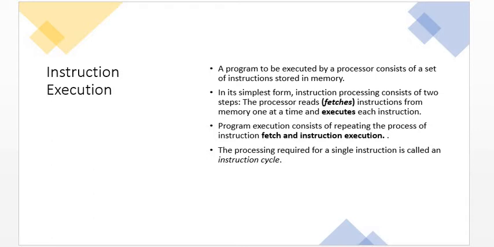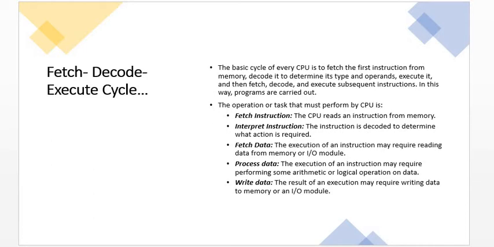But you realize that this simplified version of instruction execution can be expanded further to what we term the fetch, decode, execute cycle, where we will now have 5 steps instead of the 2 steps that we find in the simplified version.